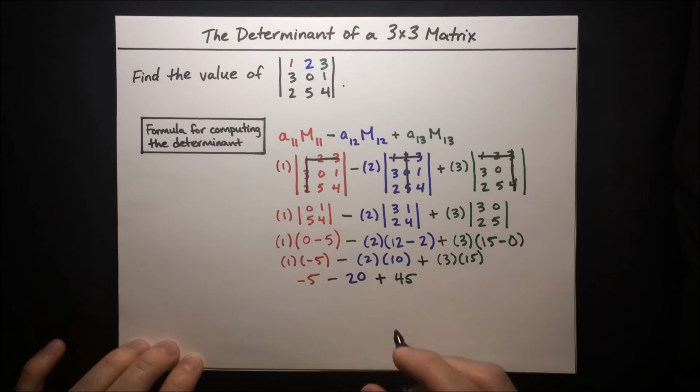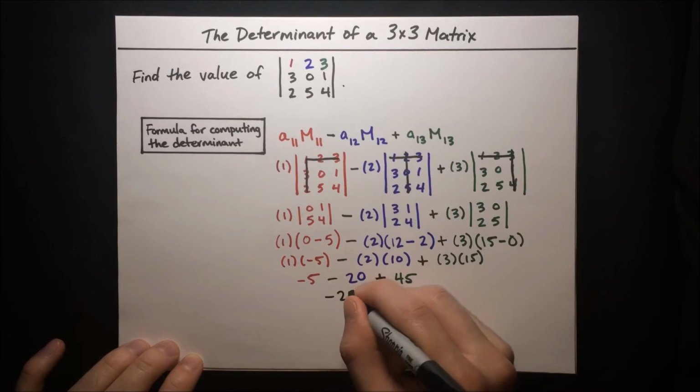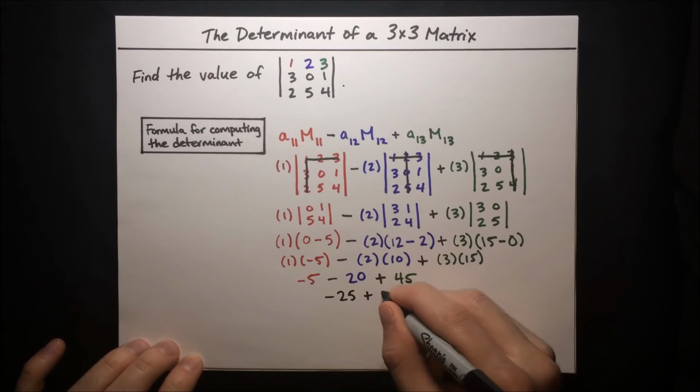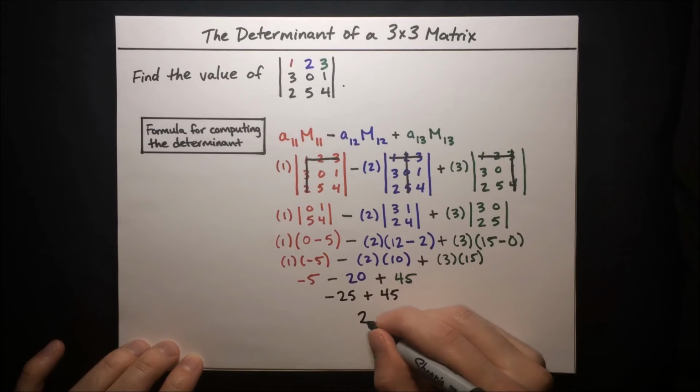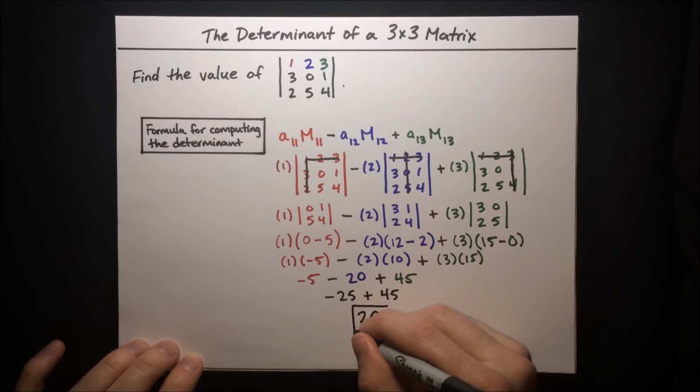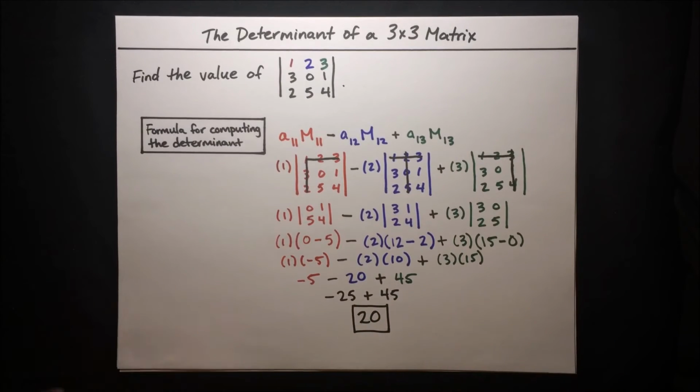So negative 5 minus 20 is just negative 25, and then when we add 45, we get 45 minus 25, which is just 20. So that's our result. The determinant is just 20.